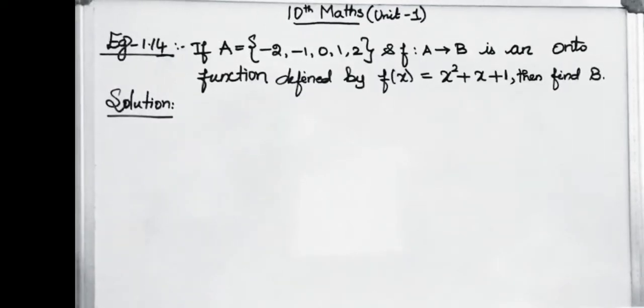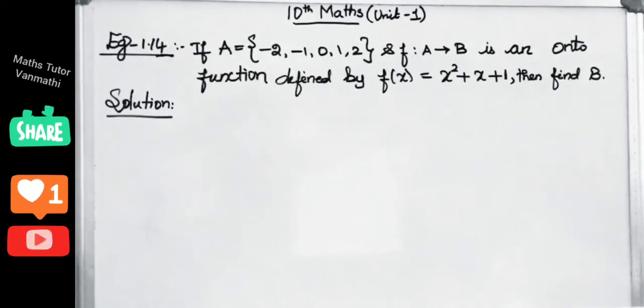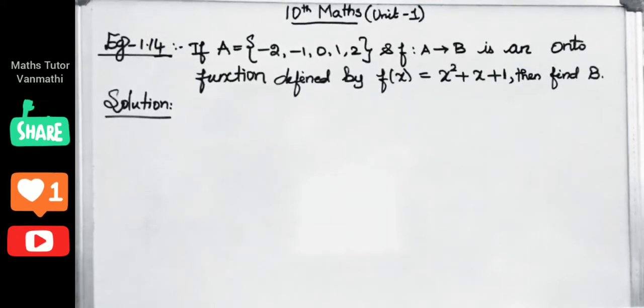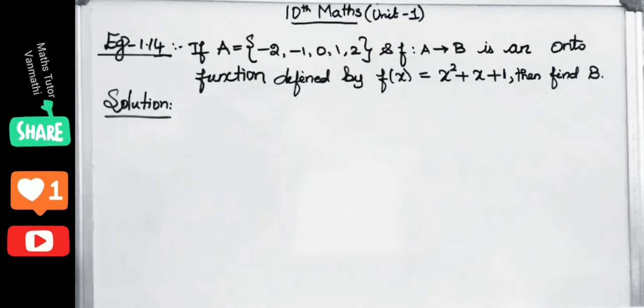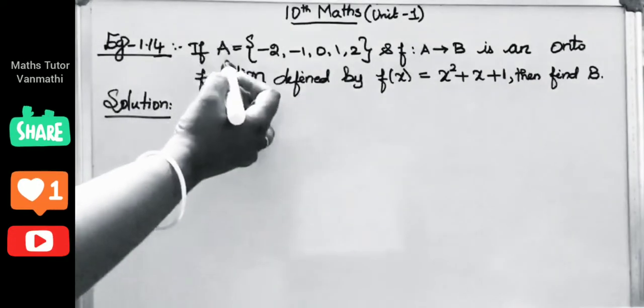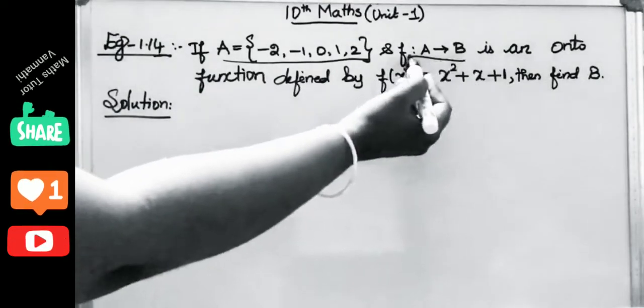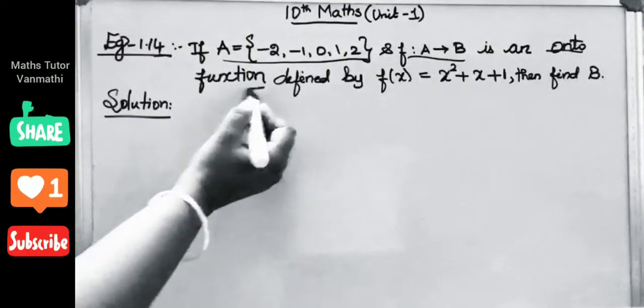Hello, students. Today we are going to see 10th Maths Unit 1, Example 1.14. If A is equal to {-2, -1, 0, 1, 2} and f from A to B is an onto function defined by f of x equal to x square plus x plus 1, then find B. Here they have given A equal to {-2, -1, 0, 1, 2}, and f maps from A to B is an onto function.